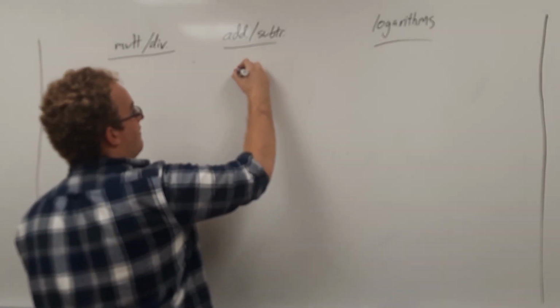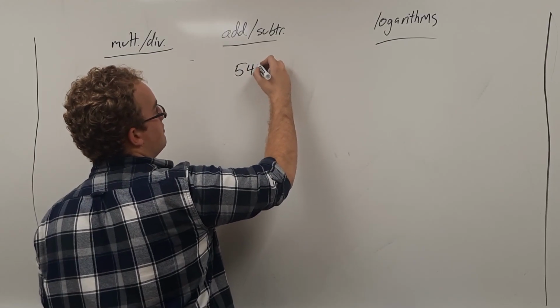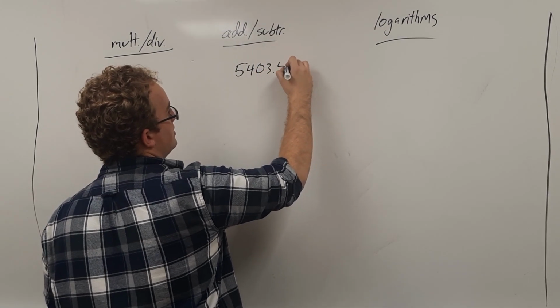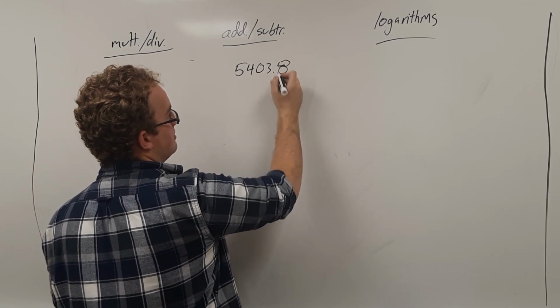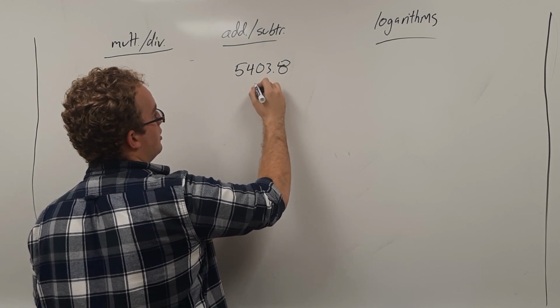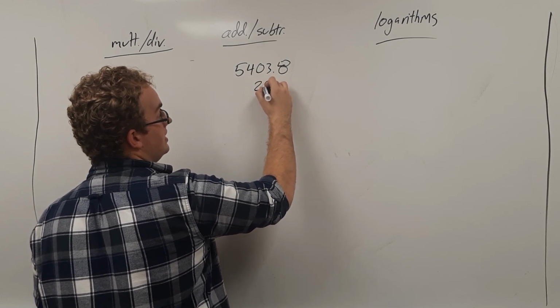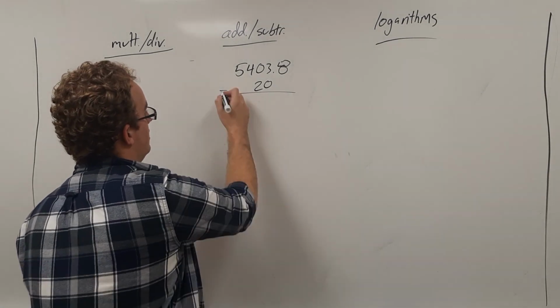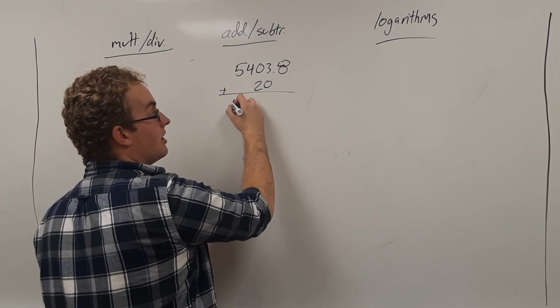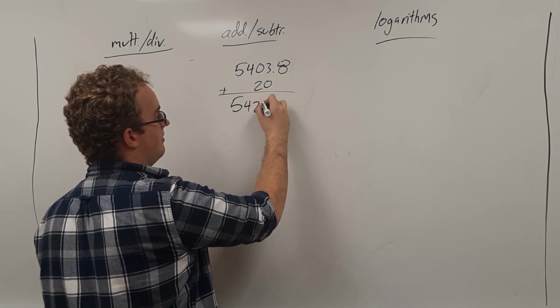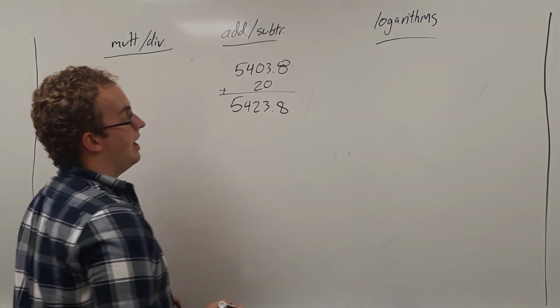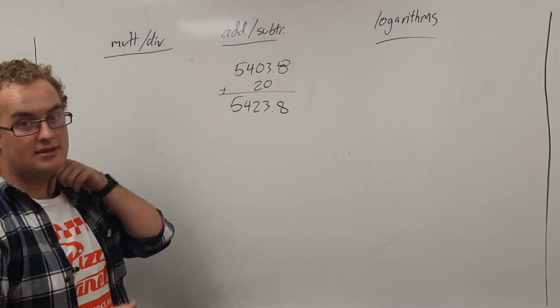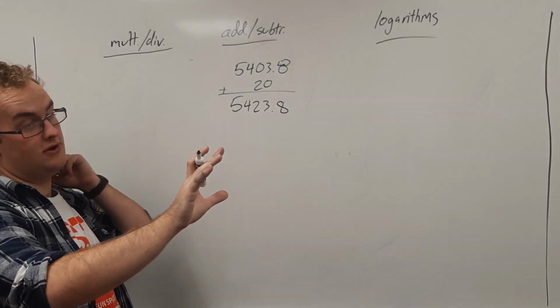Let's say that we have the number 5,403.8, and we're adding the number 20 to it, or minus. I guess we can do minus. Now we're going to do plus because it's more fun. Your calculator will tell you this is the answer. But now we need to look at the last decimal place of accuracy.